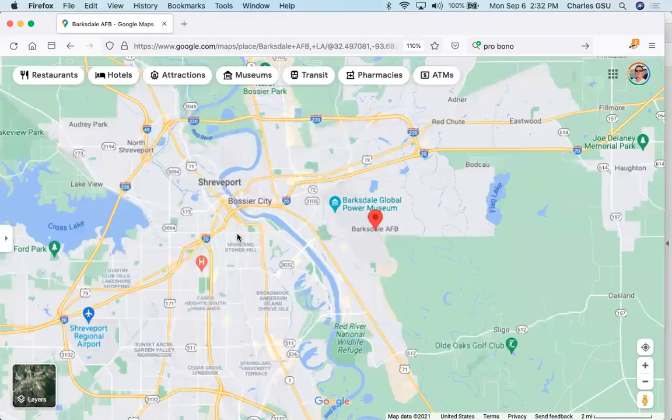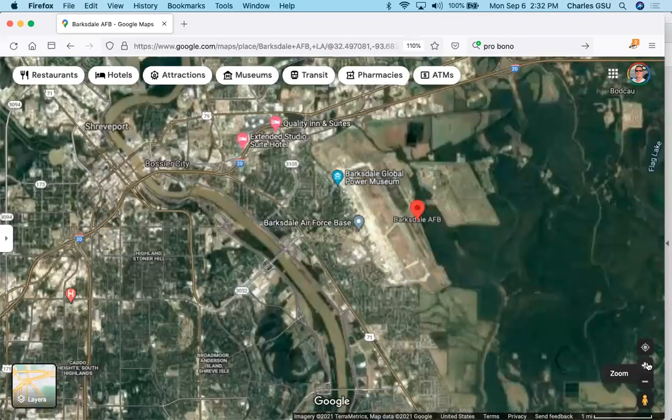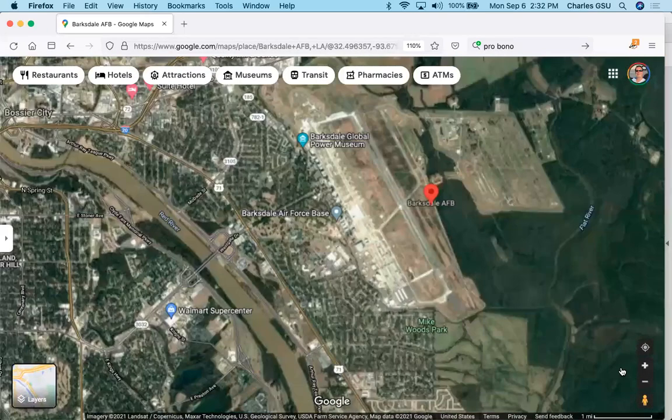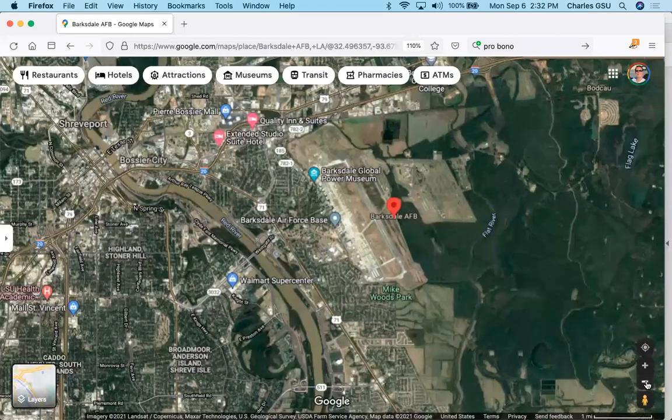Let's say the commander of the base wants to build a road back here for easy emergency exit or something. He can't just go to his brother-in-law or buddy in Shreveport and say, hey, I know you have a road building construction company, why don't you come over and build me a road? Because this is a federal, part of the Department of Defense, United States Air Force Base.